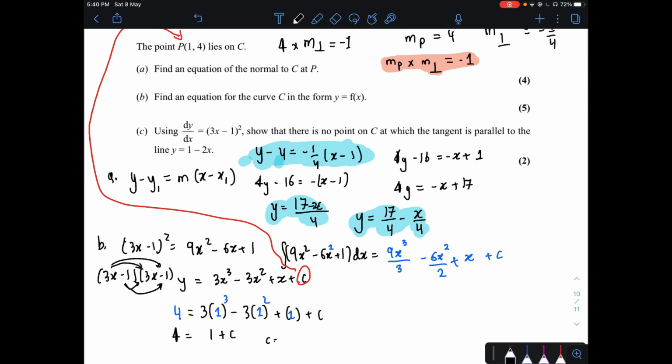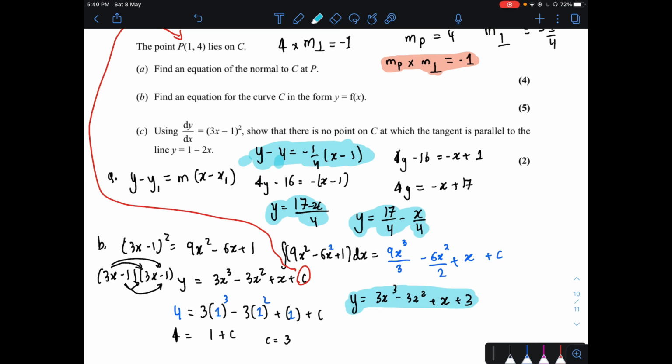So c is 3. So our final equation, y equals 3x cubed minus 3x squared plus x plus 3. That's our final equation, and that's our final answer.